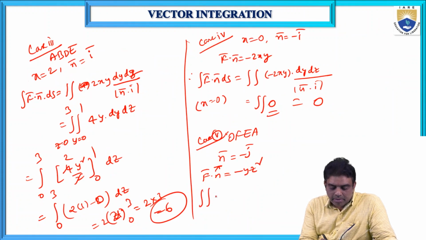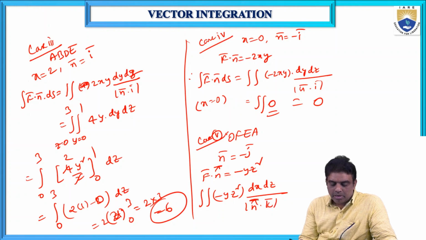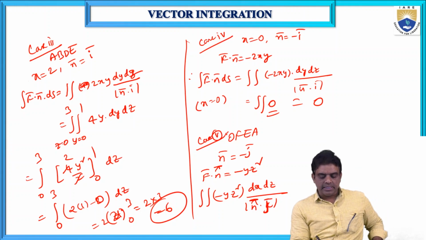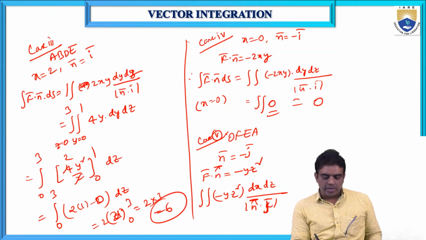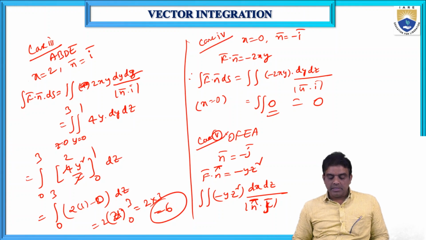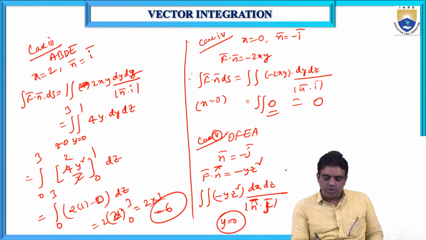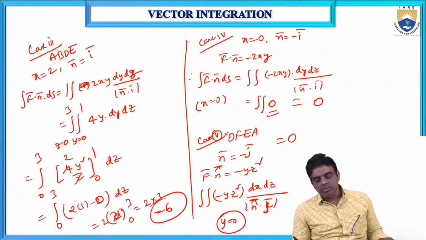The double integral of minus yz square dx dz by the magnitude of n bar dot j bar, because y is not there, is over the surface. What is the equation of the surface? That surface is y is equal to 0. So I put y equal to 0, and the entire integral is also 0.